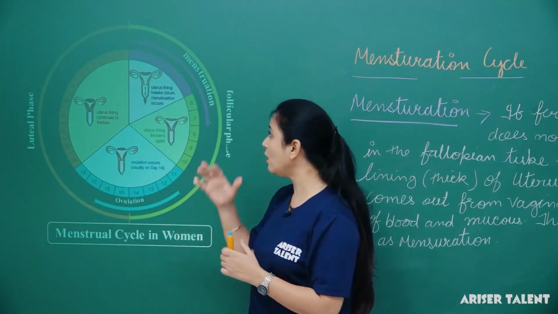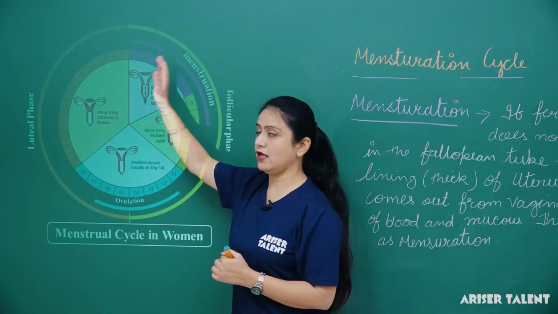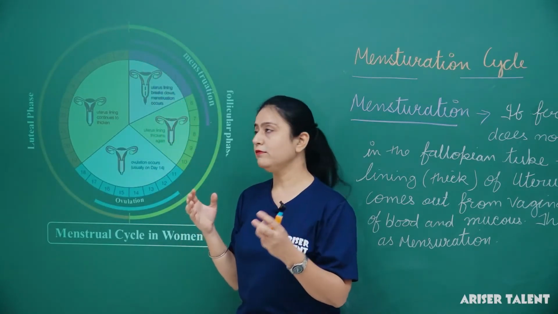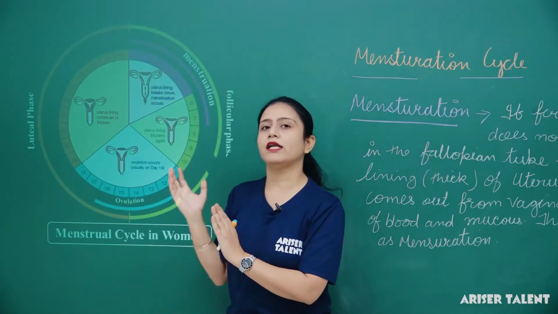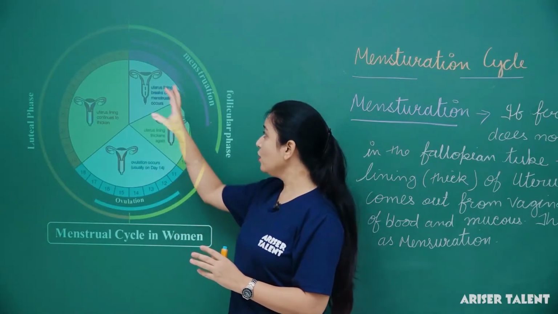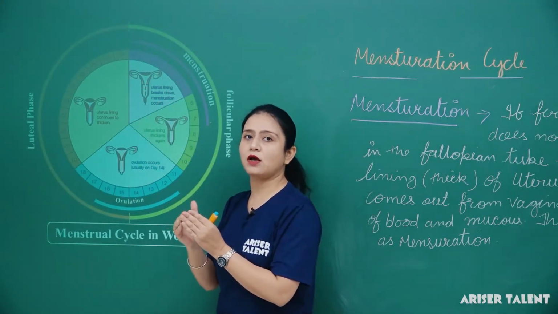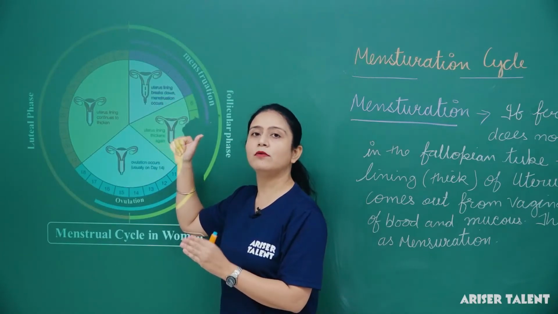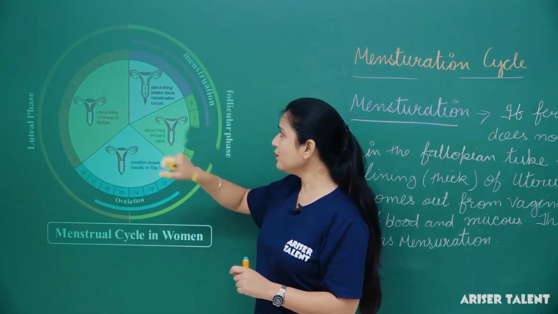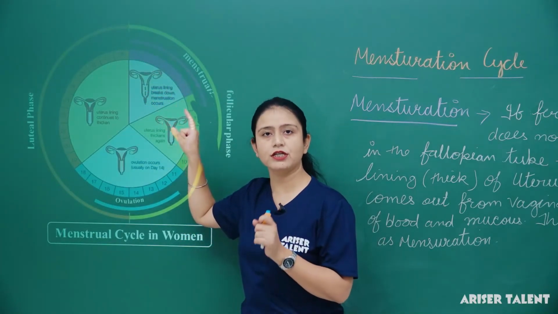So let me teach you how it happens. The day when the uterus lining breaks down and comes out in the form of blood and mucus is day 1 of the menstruation cycle.